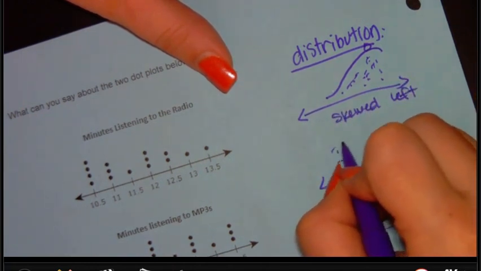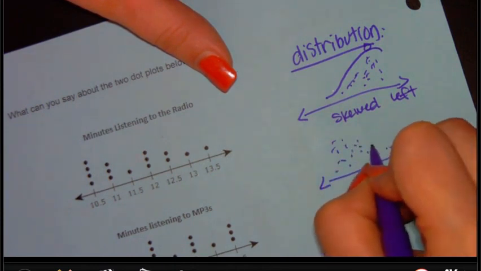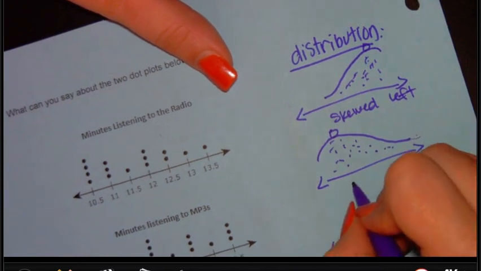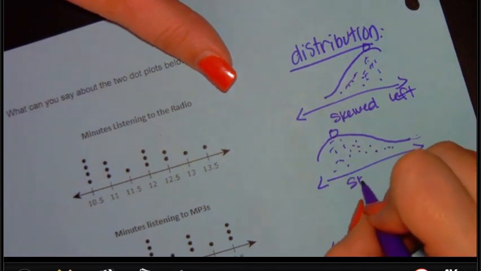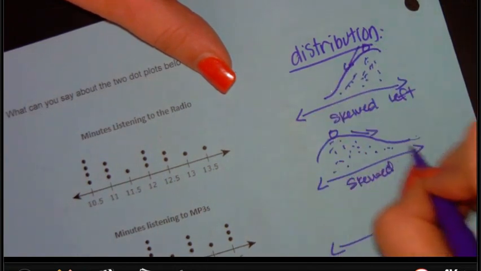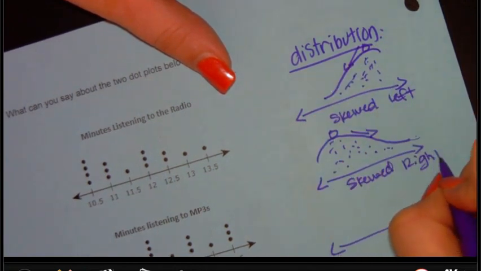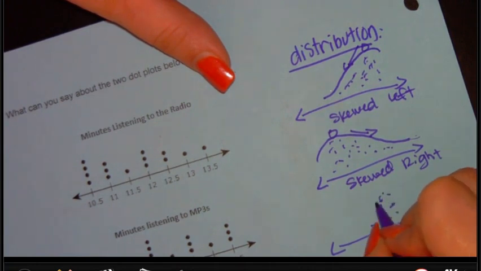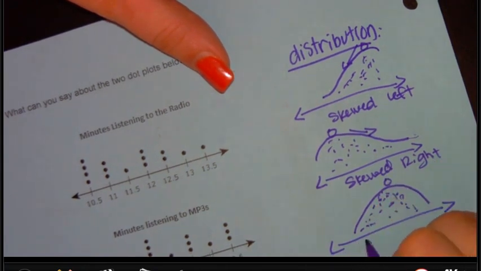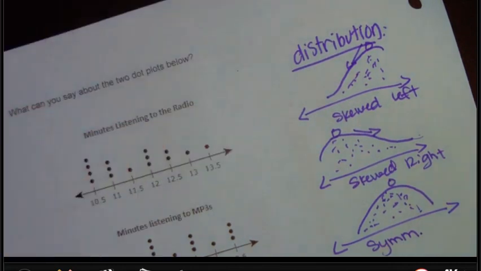If I have all of my dots up here and they're going down this way, and my hill is drawn this way and it's being pulled this way, it is going to be skewed. I can even give you the arrows. Skewed right. And if all of my dots are here in the middle with just a few little on the outside, giving me a perfect, beautiful little hill, this is symmetrical, or approximately symmetrical in that sense.